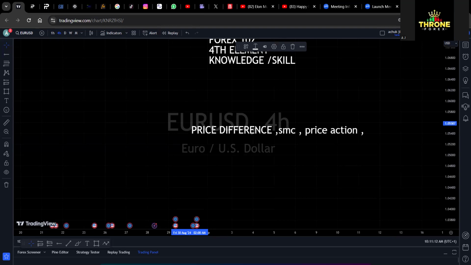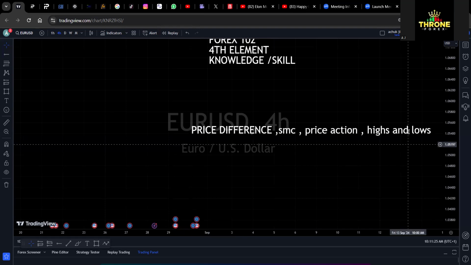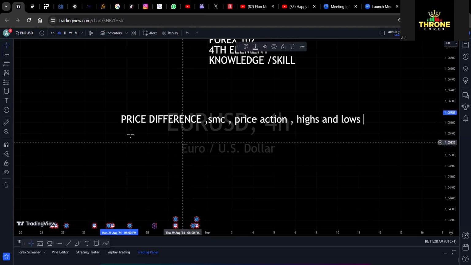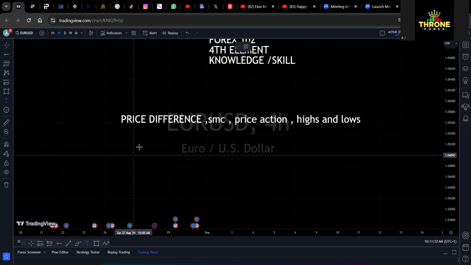And here we involve the use of highs and lows that the market has created as it moves. So in simple terms, when we talk about price difference, we just want to get the difference.